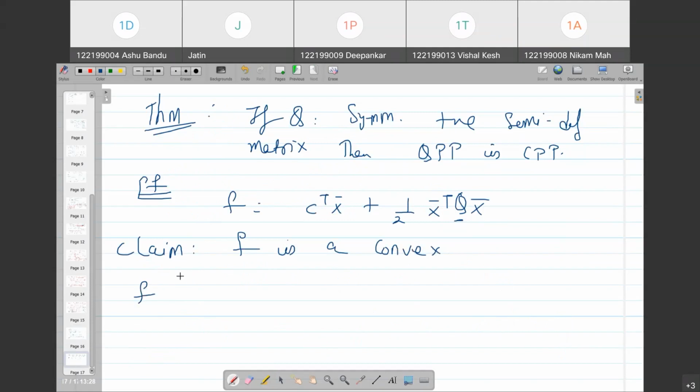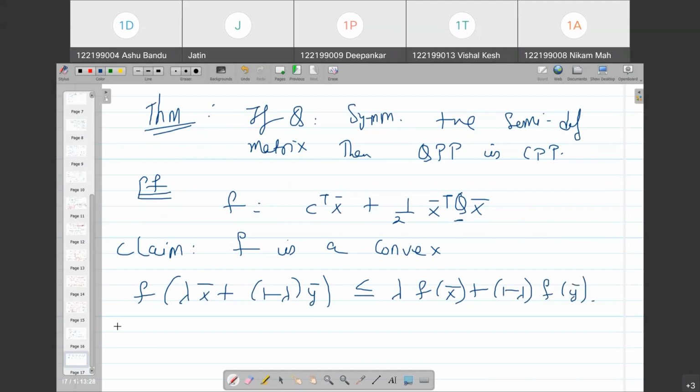That means I want to prove F of lambda x bar plus 1 minus lambda into y bar is less than or equal to lambda into f of x bar plus 1 minus lambda into f of y bar. This is what we want to prove. So we start with the left hand side.